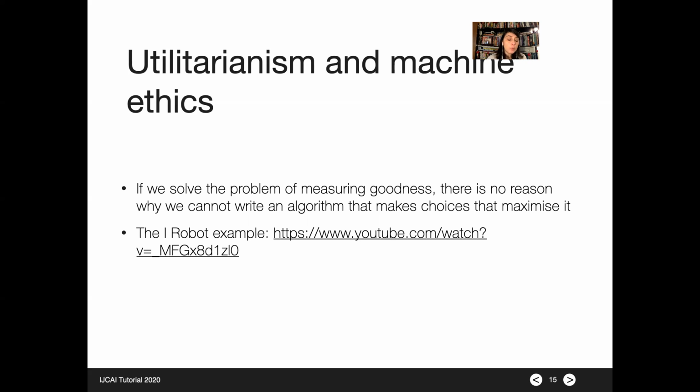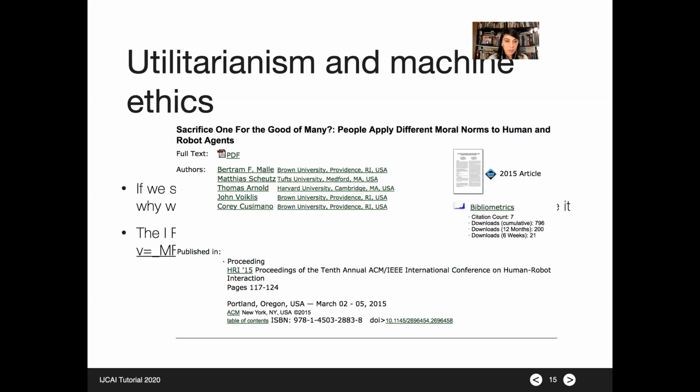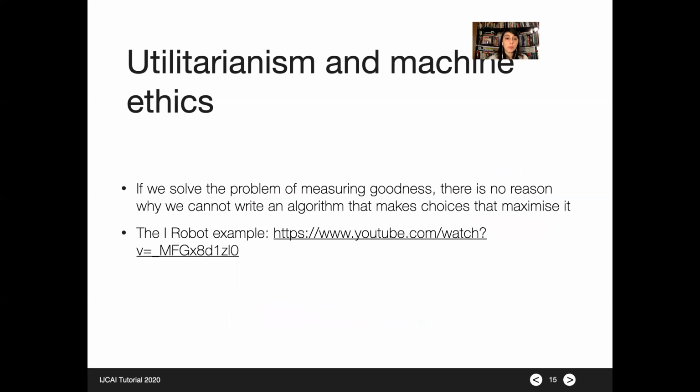But those people who consider that utilitarianism is perhaps not the best approach to deciding whether we should do something or not for people may consider that it is actually a good choice for machines. So I will just point to this work here that explores what type of moral behavior people expect from a machine in contrast with what they expect from a person to follow.